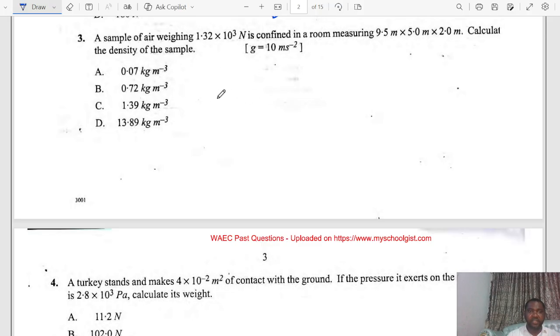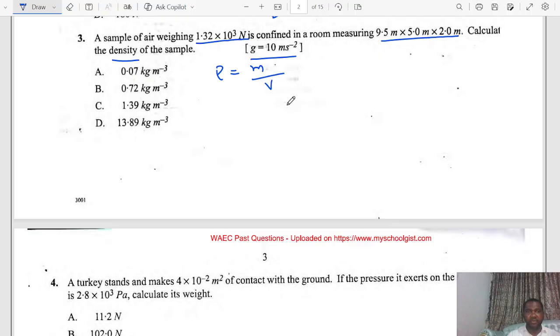In this case, we are given the weight of the sample, we are given the volume, and we are given acceleration due to gravity, and we are asked to find density. Density in this case is equal to mass over volume, right?